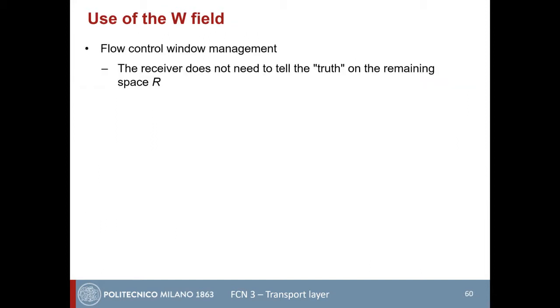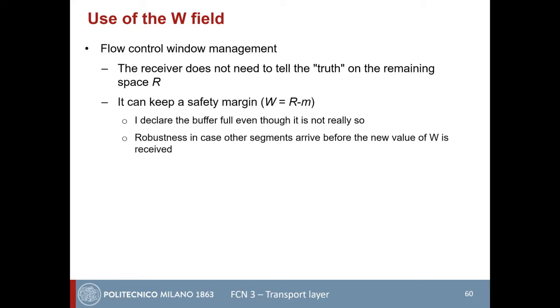For example, the W field that the receiver sends to the source usually should, as we have said before, report the state of the buffer, but it's not necessary that the receiver tells the truth all the time.